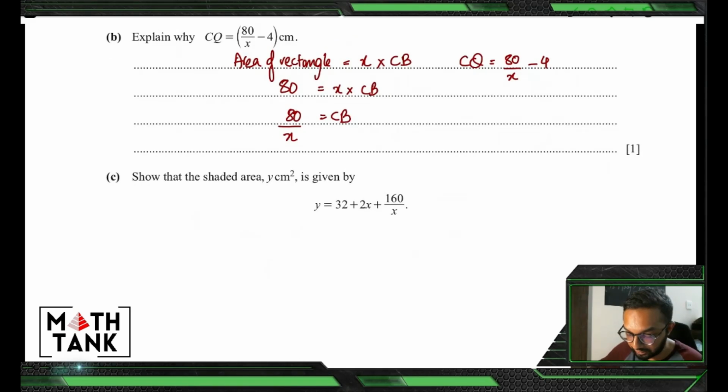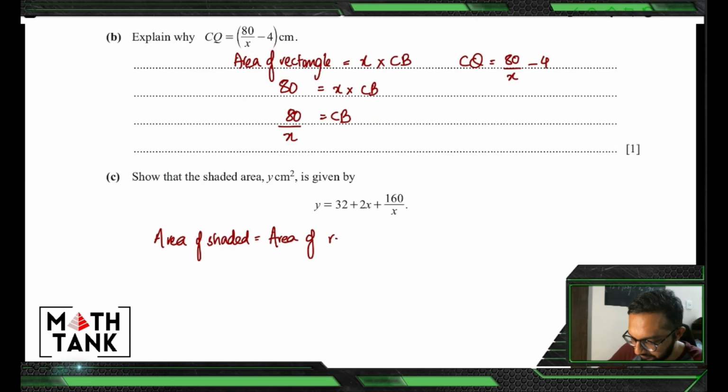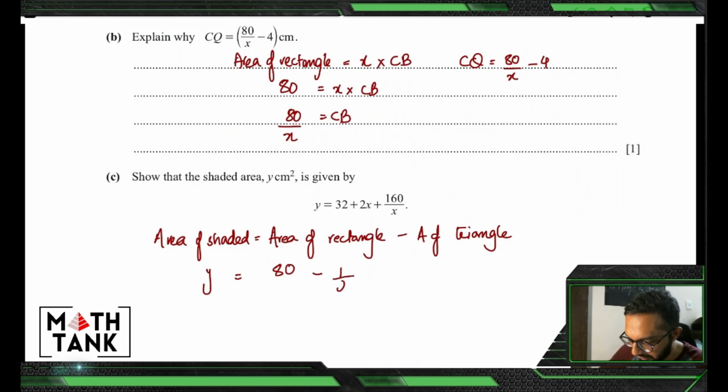Then it says show that the shaded area y is given by this. So area of shaded region is area of rectangle minus area of triangle. So area of shaded, which is y, that's what the question is telling you. Area of rectangle is 80, that's what was given in the question. And half.